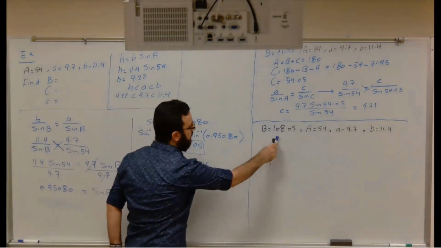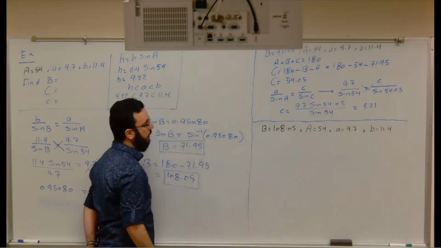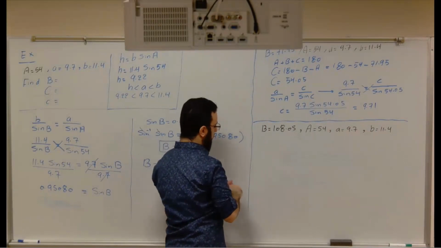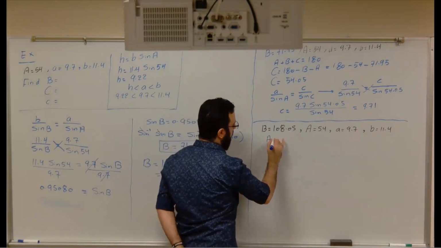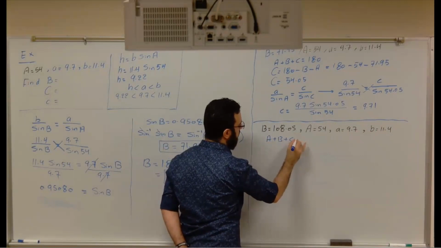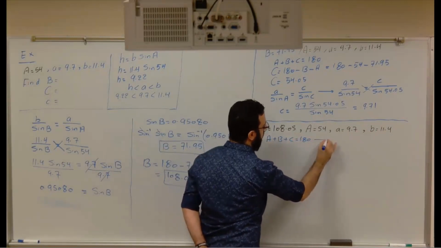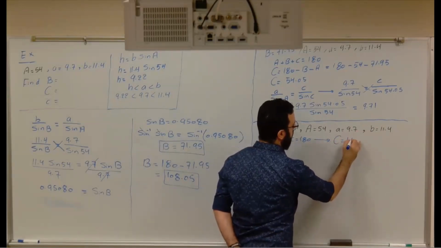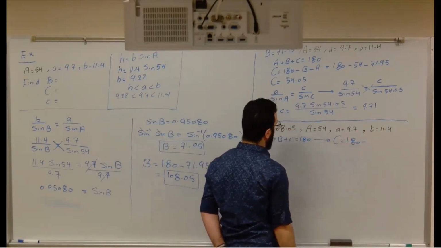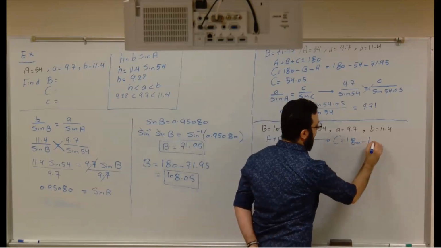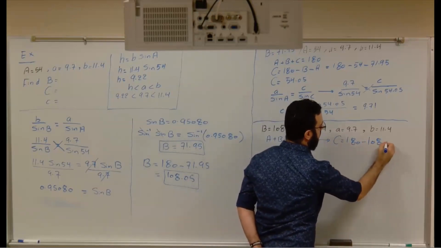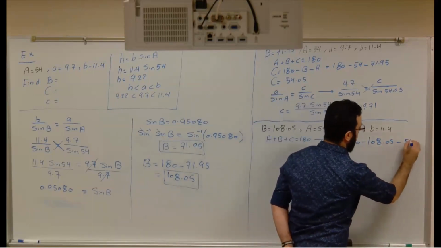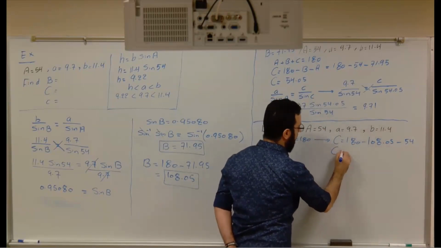But check the difference. The angle now is 108.05. So you're gonna do exactly the same steps. That means A plus B plus C equal 180. So in this case, we need to find also the angle C, which is going to be 180 minus B, which is 108.05, minus 54. So how much is the angle C now?